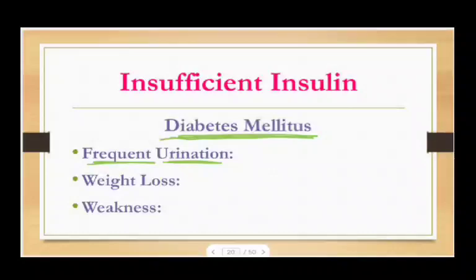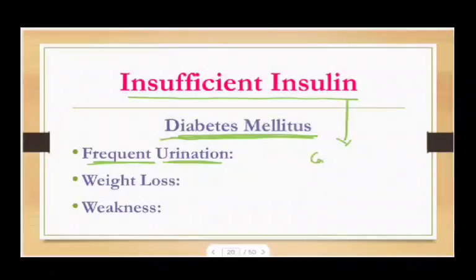So basically what happens to a person who has insufficient insulin being produced in the body? The sugar level in the body is high.